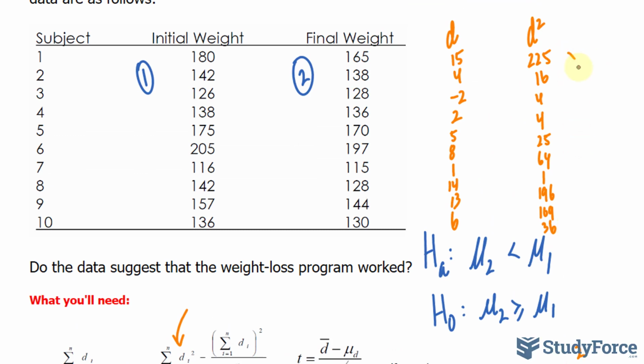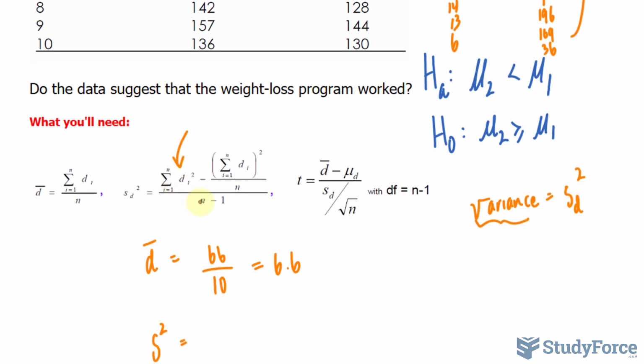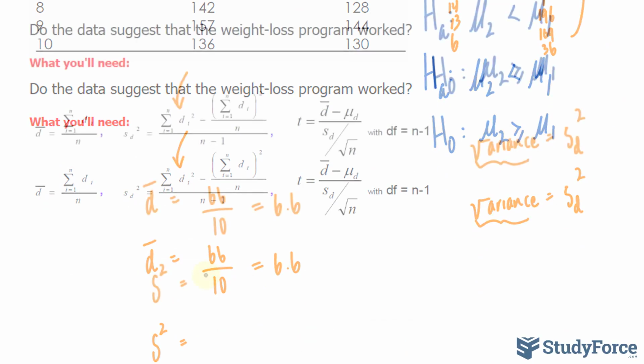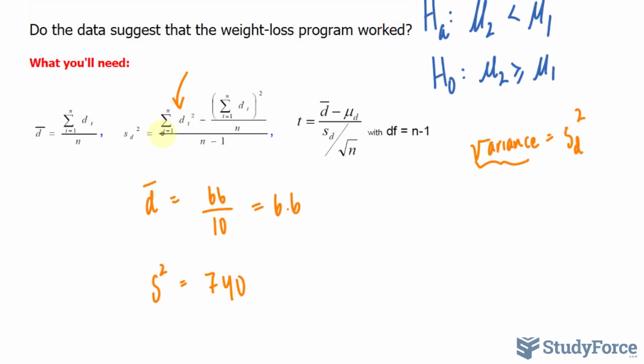So the sum of all of these is 740, and that's that part right there. I'll write in 740 here, minus, we calculated that already, and it was 66, and it's being raised to the power of 2 over 10, and the denominator is 10 minus 1, that's 9.